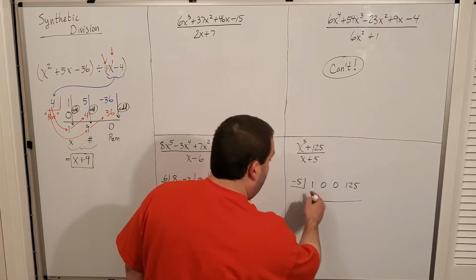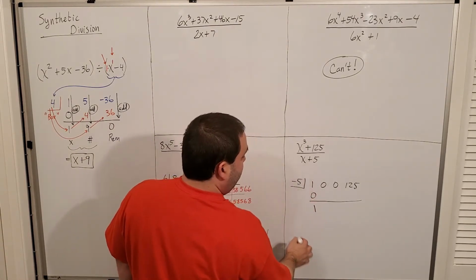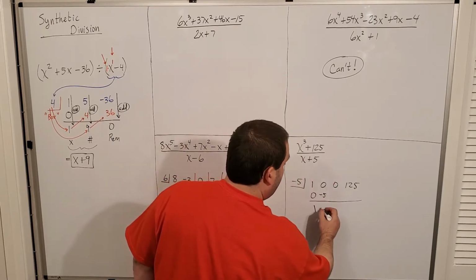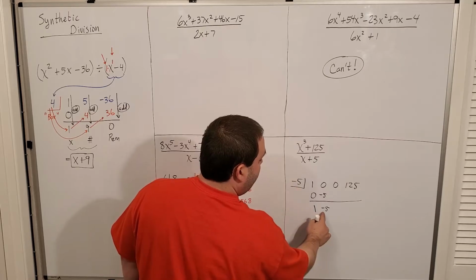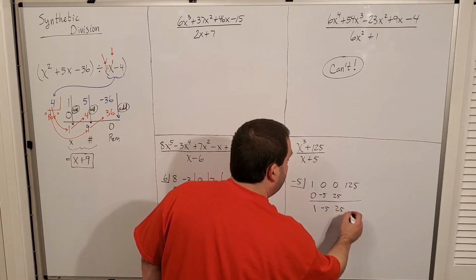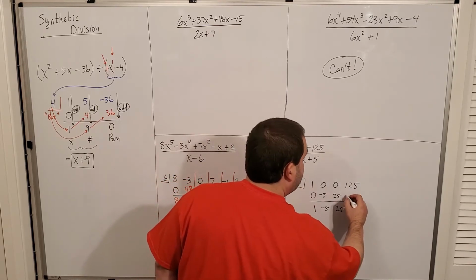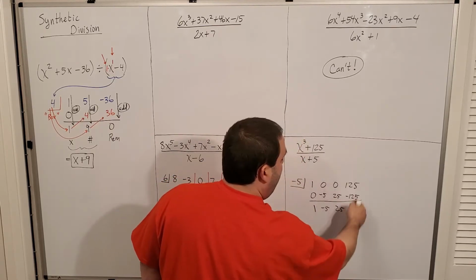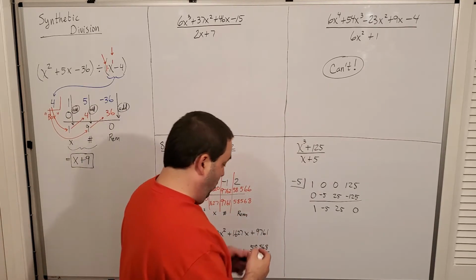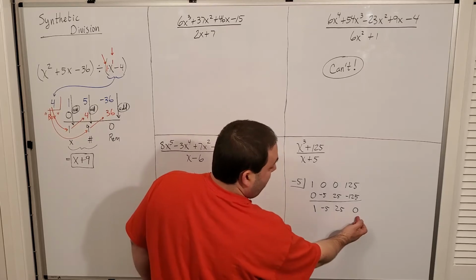Buckle up. 1 plus 0 is 1. -5 times 1 is -5. Add 0, -5. -5 times -5 is 25. Add. -5 times 25 is -125. Add, I get 0. And the division is now done. So I interpret. This is the remainder.